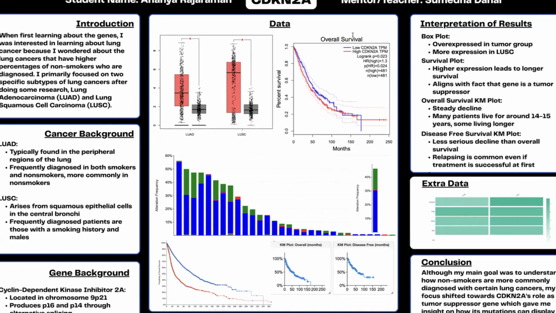And then for the survival plot, the red is the higher expression of CDKN2A versus the lower expression. So there's a longer survival for patients that have higher expression of this, which makes sense with the fact that this gene is a tumor suppressor, meaning it's trying to stop the cancerous growth. That made sense with the data I was given.